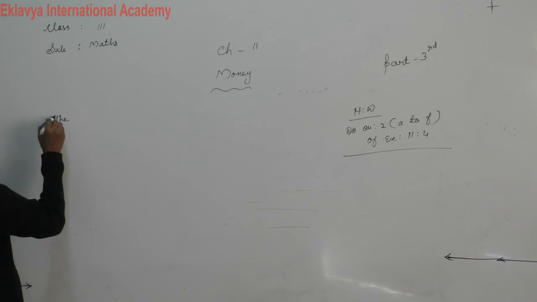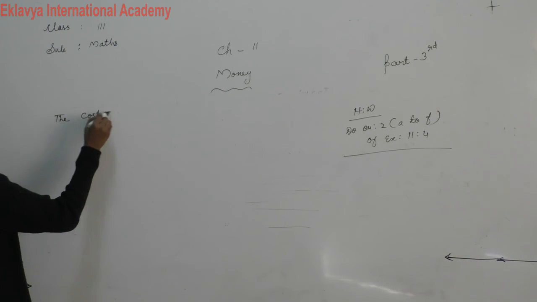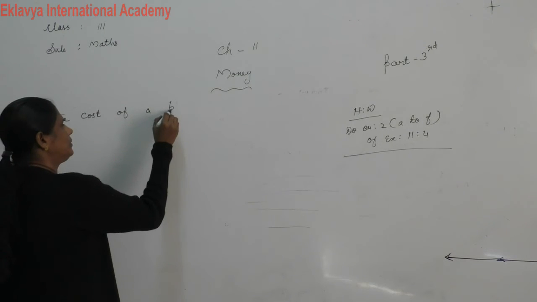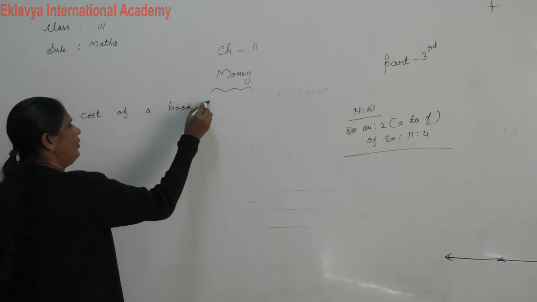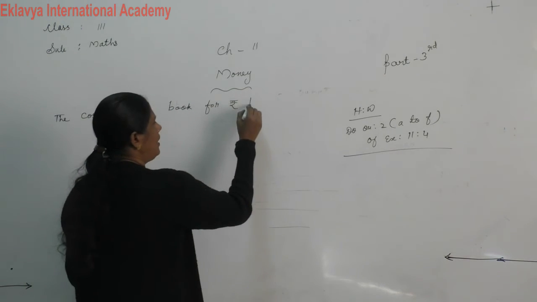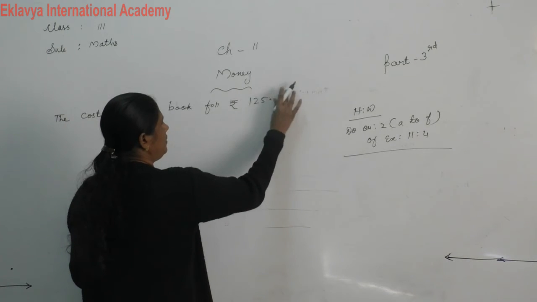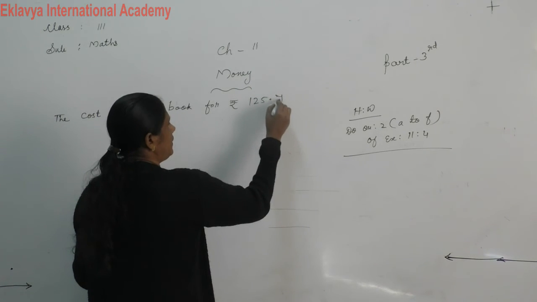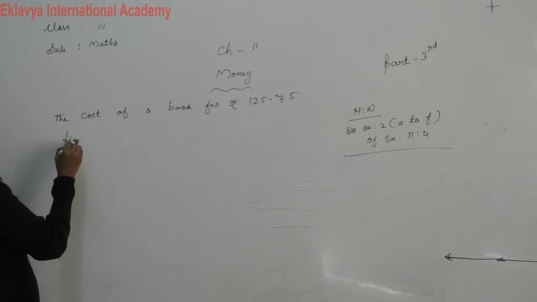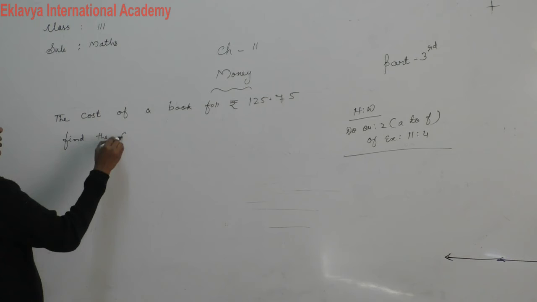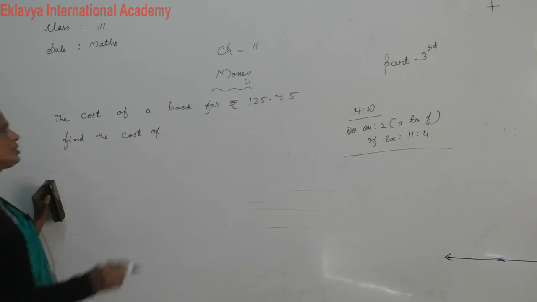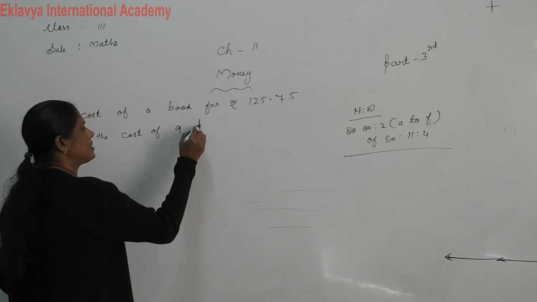The cost of one book is rupees 125.75. Find the cost of 9 books.